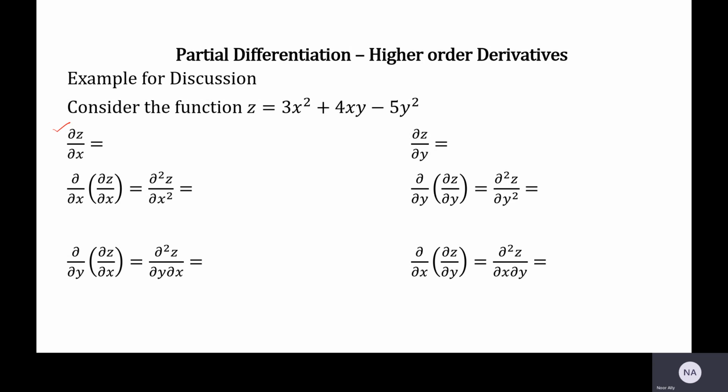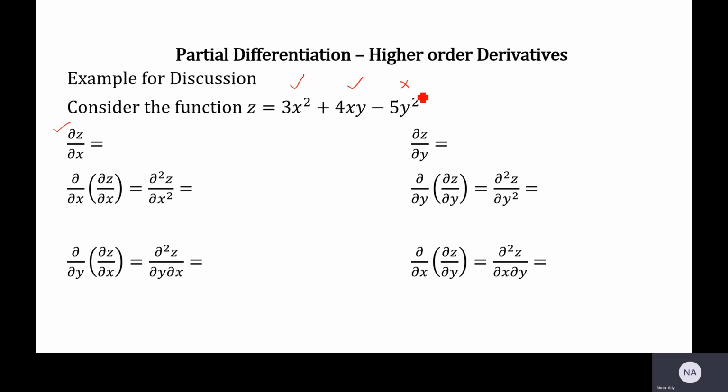So what I normally do, I first look at each term. Look at the first term, 3x squared. Does it contain an x? Yes. Second term, does it contain an x? Yes. The third term, does it contain an x? No. That means 5y squared is a constant.